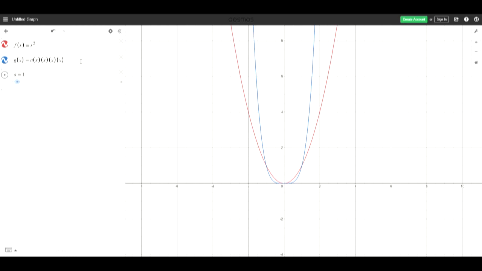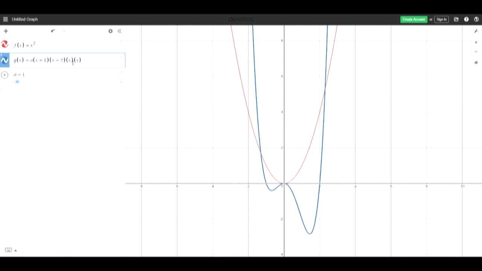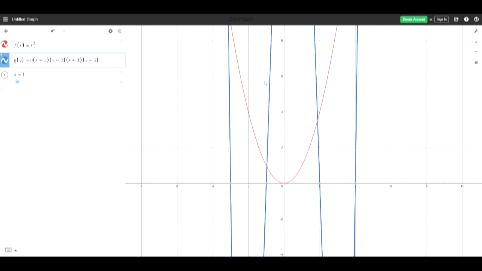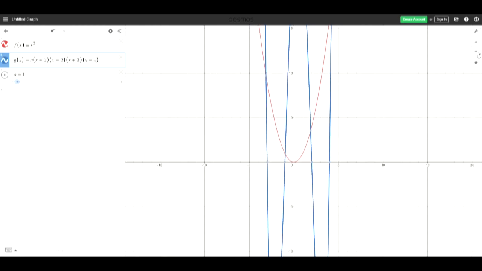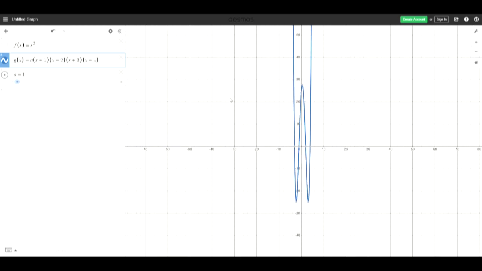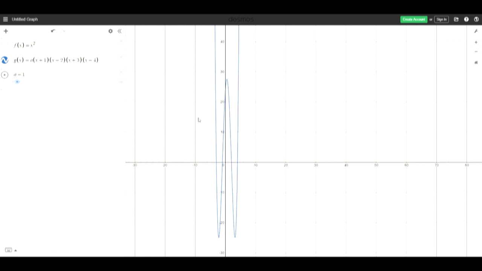Okay, but let's play around in here and see what happens when we start to mess around with things. Let's do +3 and a -4. Let's zoom out from here. Looking at just the blue one, it looks like a W. So here I have a 4th degree polynomial, and we should be able to pick out the x-intercepts really quickly.